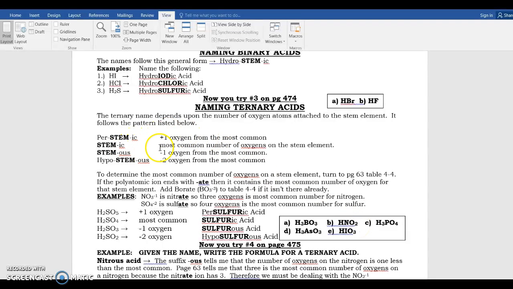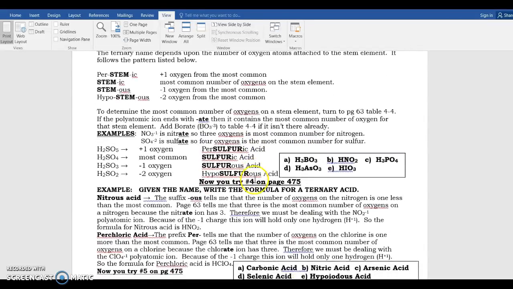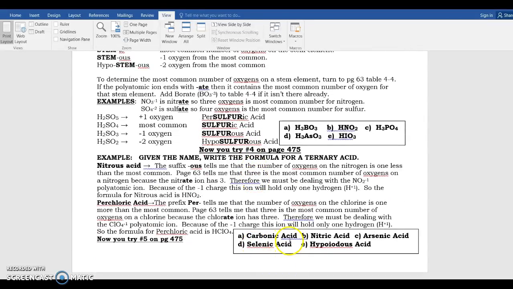The most common would be nitric, since nitrogen is the base, but since it's missing 1 oxygen, you go right down here, so it would be ous instead of ic, and so it would be nitrous acid. Right here, B would be nitrous acid. Please read through this and go through it and practice. Practice and then also write these out, referring to those common polyatomics on page 63.